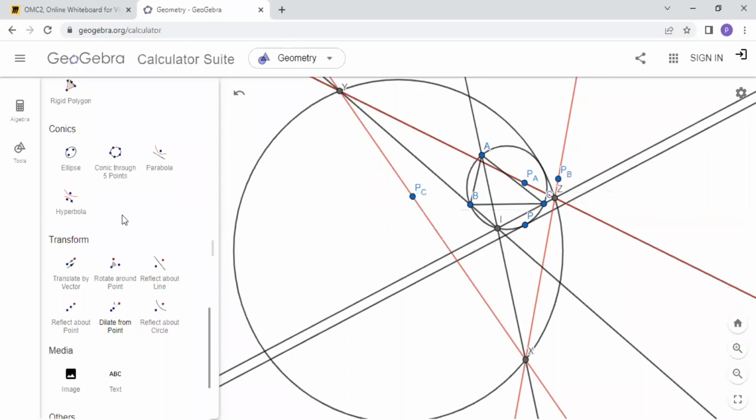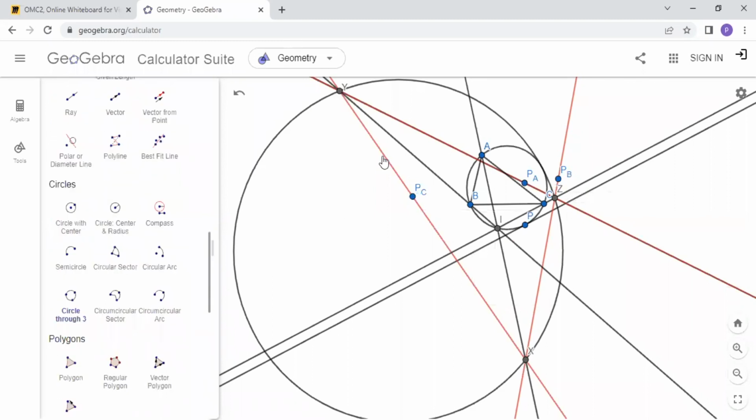And if we draw the circumcircle Y, P_C, P_B, P_A, it does pass through the tangency point.